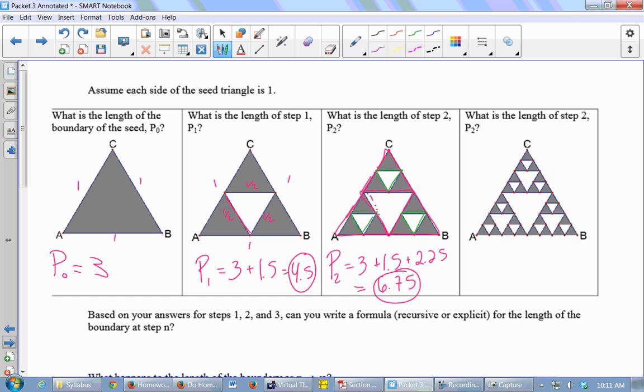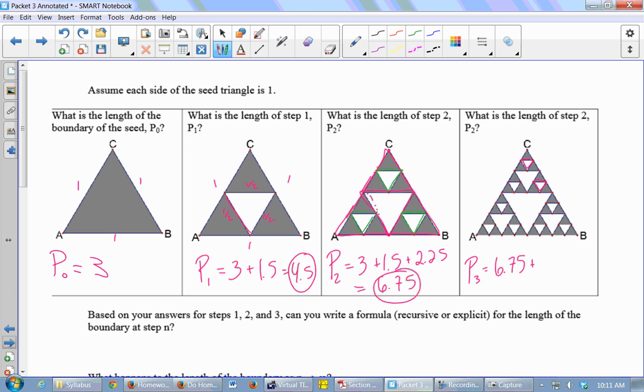All right, so then my perimeter at step 3, I'm going to have everything I had at step 2. I still have 6.75, right? Then I just need to figure out all these extra little guys. Each of these triangles has length 1/8, 1/2 the previous length.